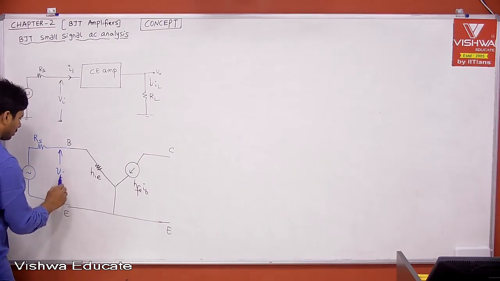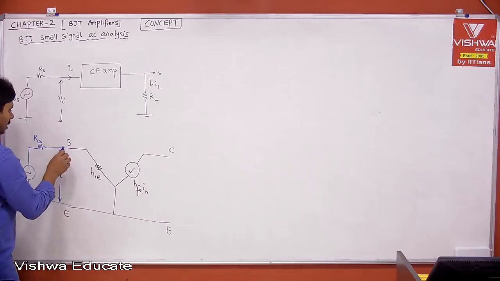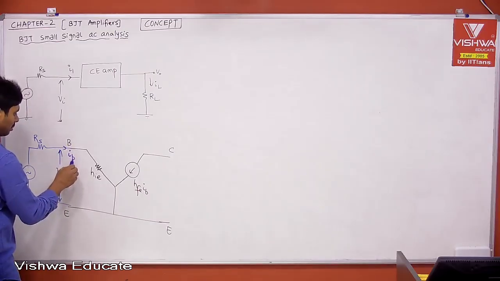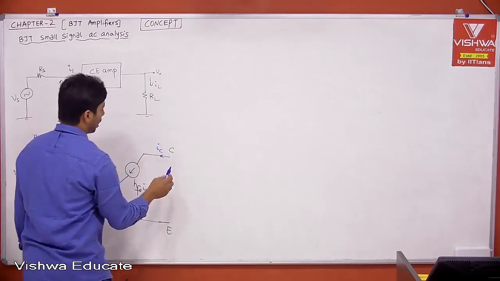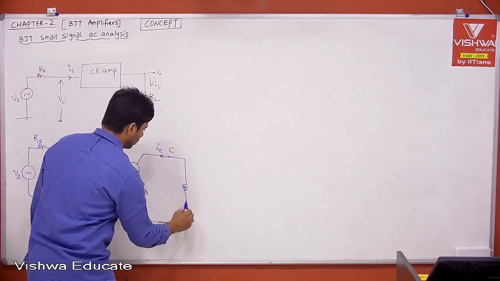Okay, that's fine, Vi with respect to the amplifier parameter, and the current which is entering into your base is your base current IB, and the current which is entering into the collector is your IC, and the load is connected in between.